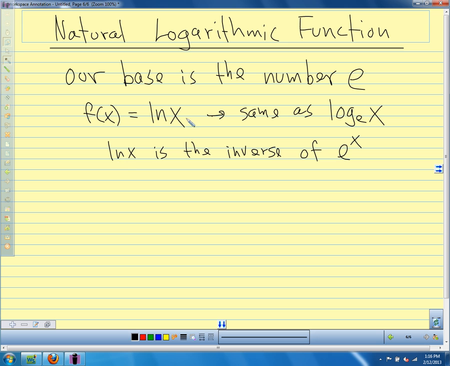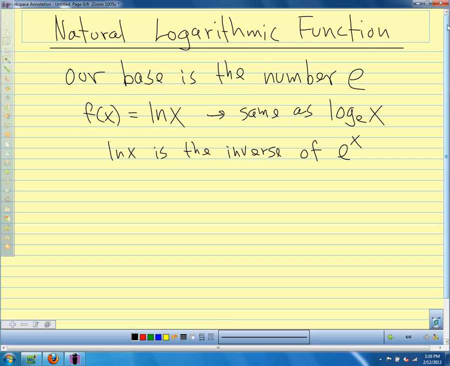Anytime you see this ln, that just means base e. Your calculator has an ln button, and also an e to the x button. We're just using base e, where the log button and the 10 to the x button use base 10. So we're just using a different base here.